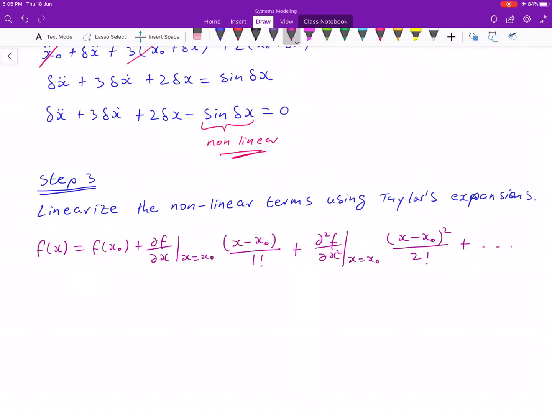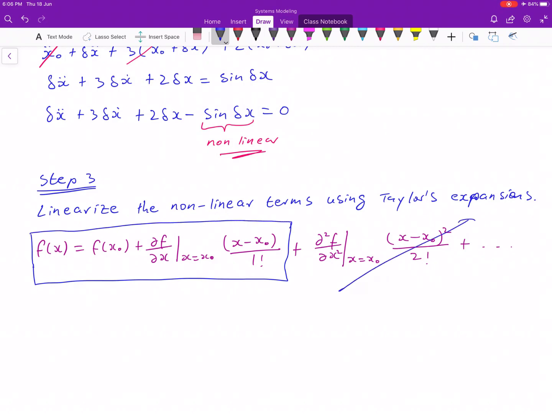So what we want to do is, with Taylor's expansion, we don't really care much about the higher order terms. If we approximate it using our first derivative up to here, we will be okay. Those are higher order terms, we don't really care about them.